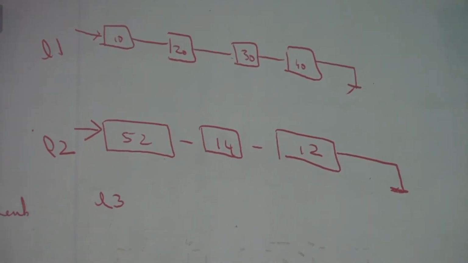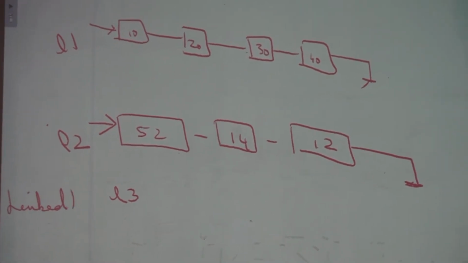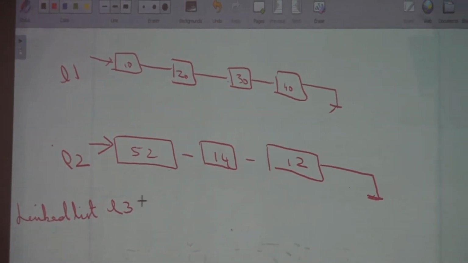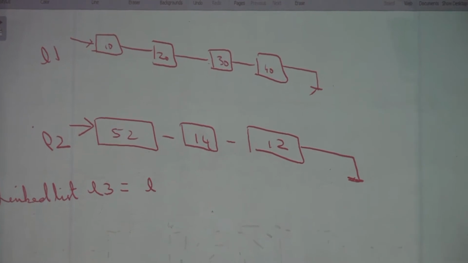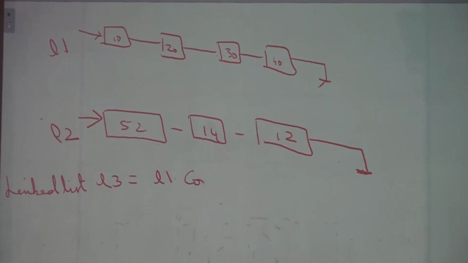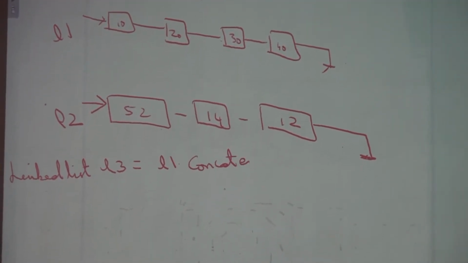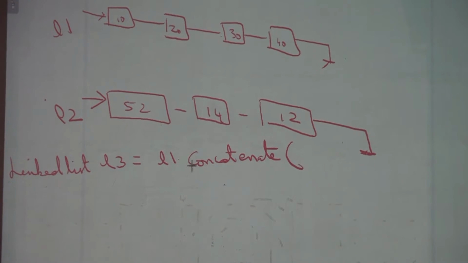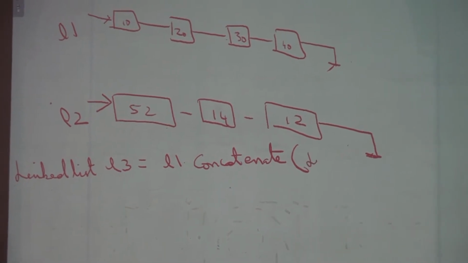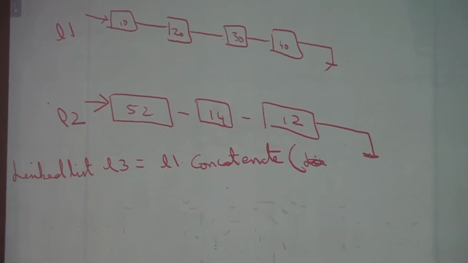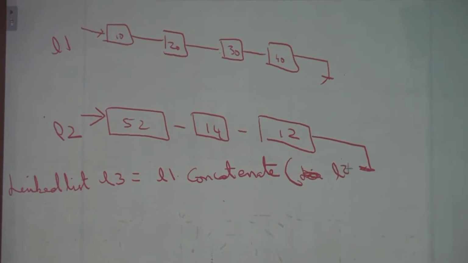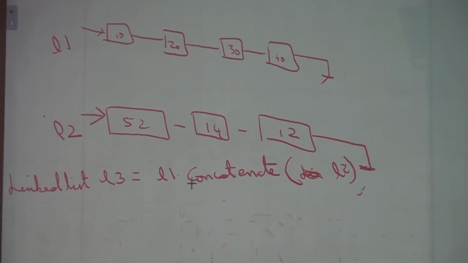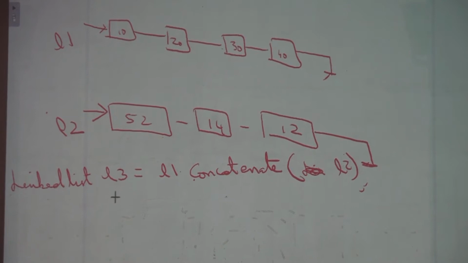So the line which you have in your main is linked list L3 is equal to L1 dot concatenate. So you are writing a method called concatenate on your list, which takes another list L2 as a parameter. So L1 dot concatenate L2.